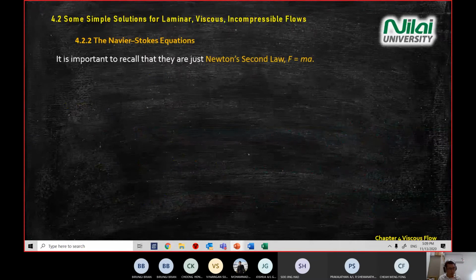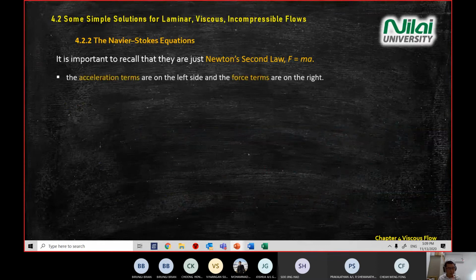So just a concept. For the Navier-Stokes equation, the name is very bombastic, but the content itself is from Newton's second law, F equal to ma. All right. So when you come to your final year next year, if you use simulation, most of the time you will come to the Navier-Stokes equation.